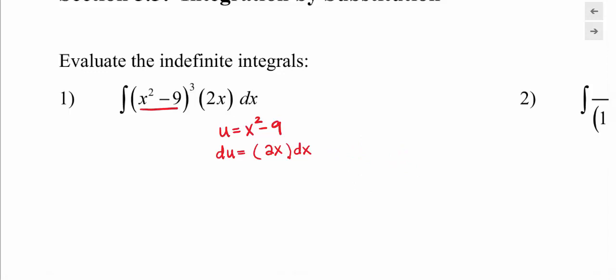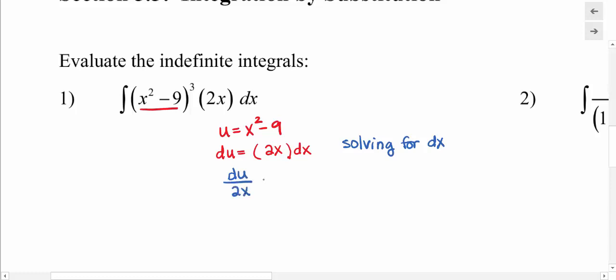And then what I want you to start off substitution by, or this U-substitution, is by solving for dx. This is not something that we will do throughout all of the videos, but we are going to work on solving for dx. So I will divide both sides by 2x.